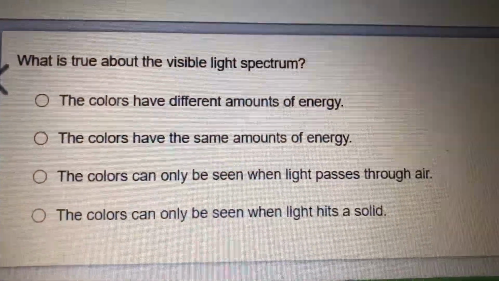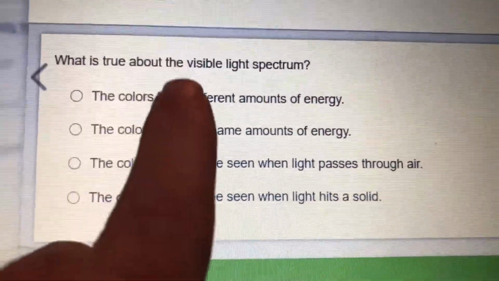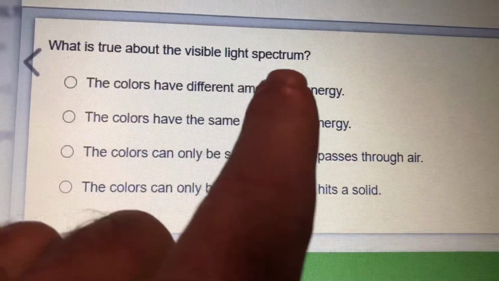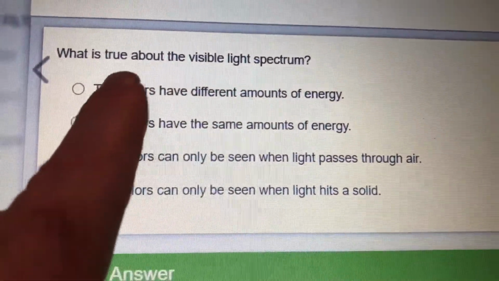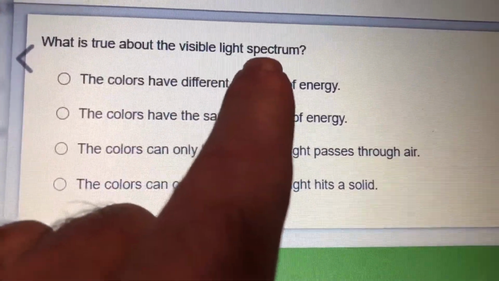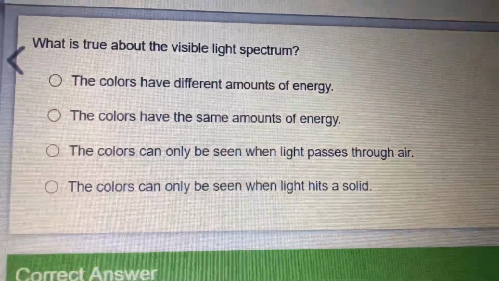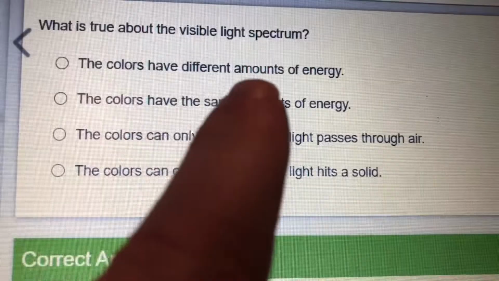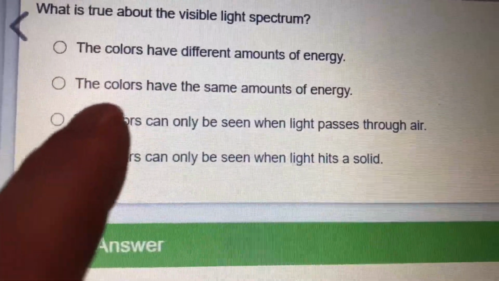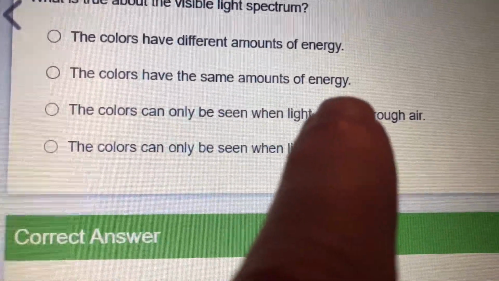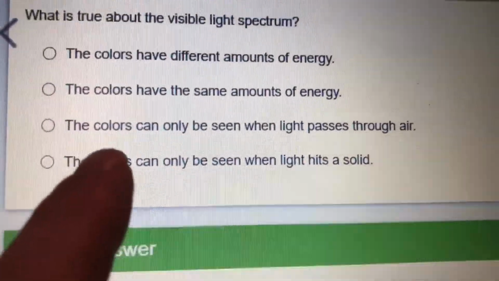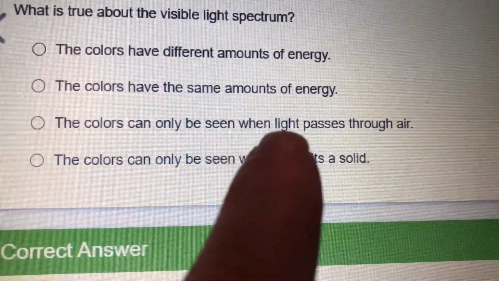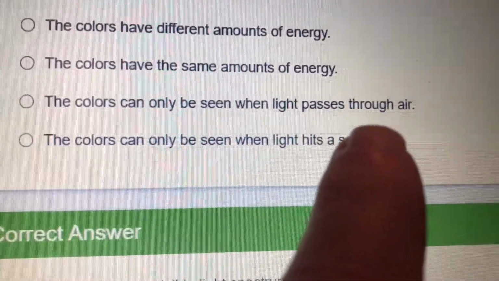All right, so what is true about the visible light spectrum? What is true about the visible light spectrum? That means the waves that the human eye can see. The colors have different amounts of energy. The colors have the same amount of energy. The colors can only be seen when light passes through air.